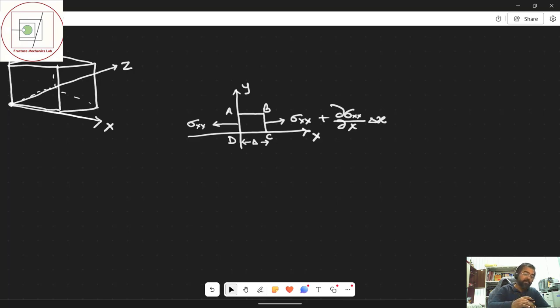For simplicity, I'll do it in only one direction, and the same thing can be repeated in the y and z directions, and you will see that the derivation will be similar.